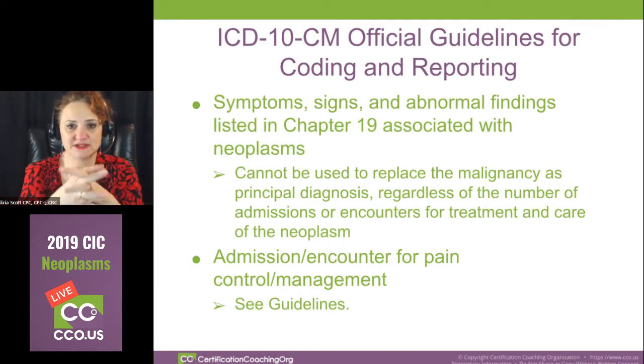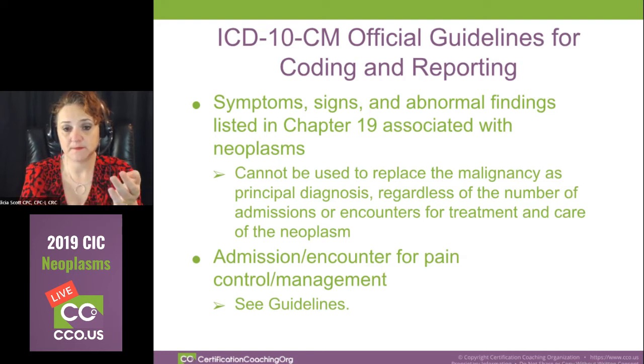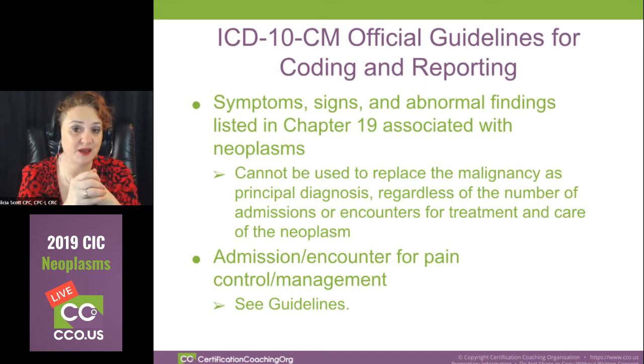So what happens when we have some signs and symptoms, or we have abnormal findings? An abnormal finding would be labs being abnormal, or going in and doing a CT scan and seeing a mass.